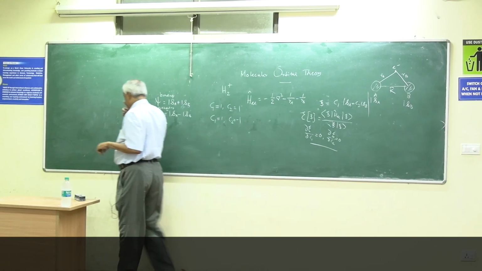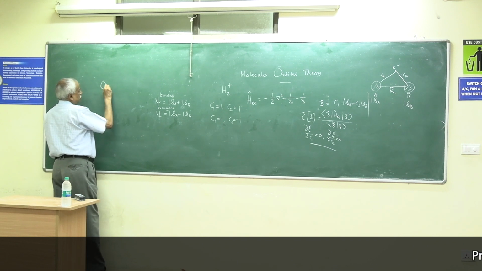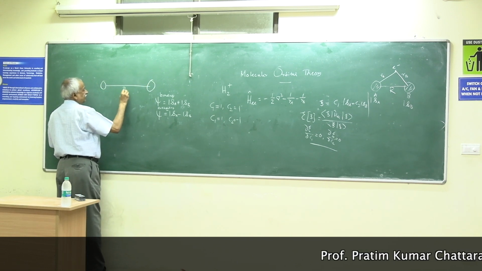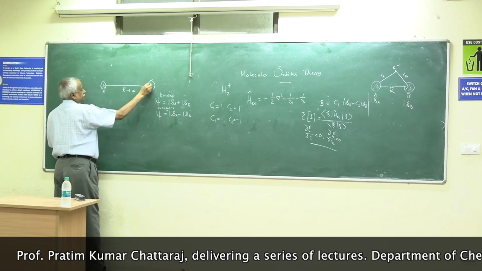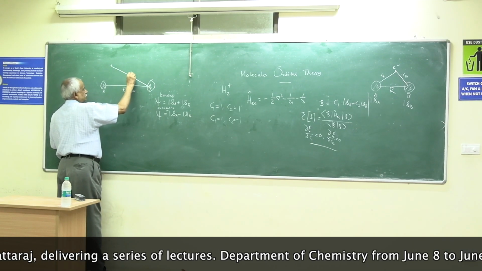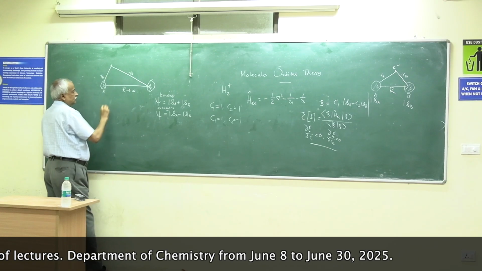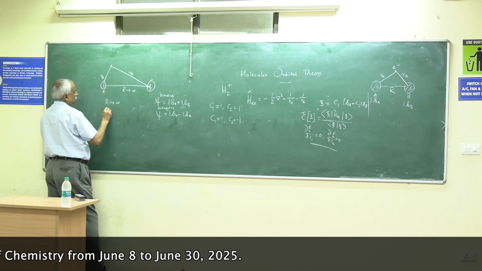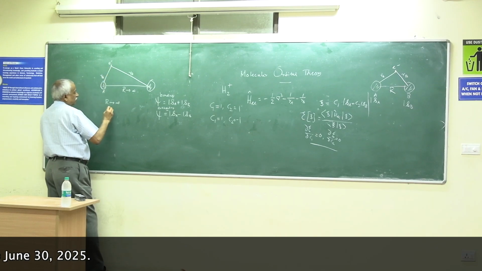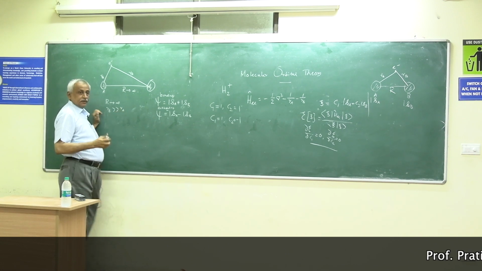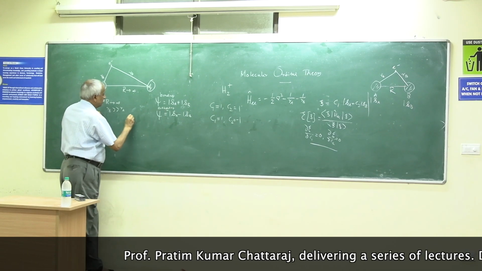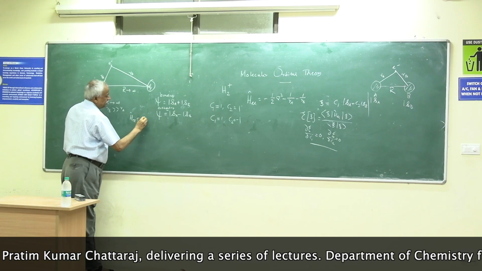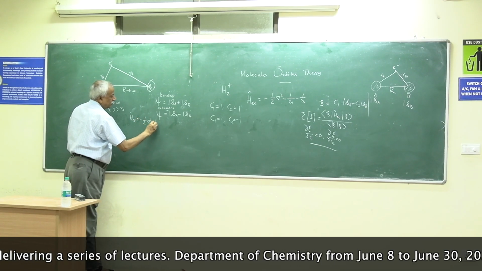Suppose I take R tending to infinity and the electron is here near A. You can see RB is much larger than RA if the electron is close to nucleus A. So the electronic Hamiltonian now is approximately minus half del square minus 1 by RA.